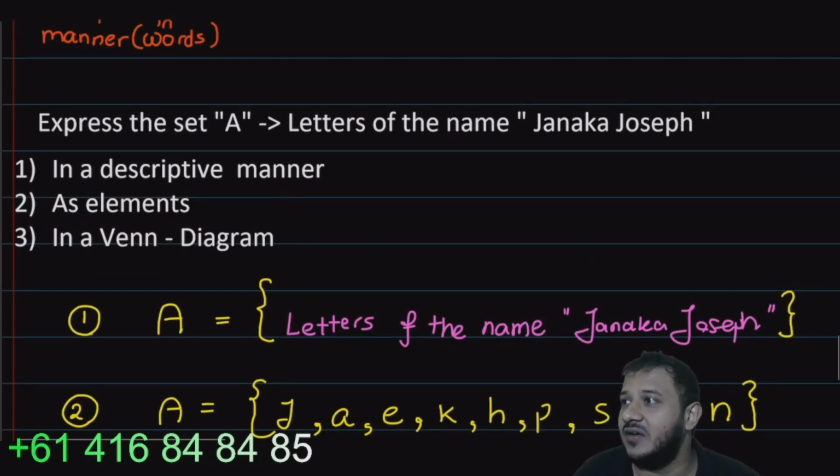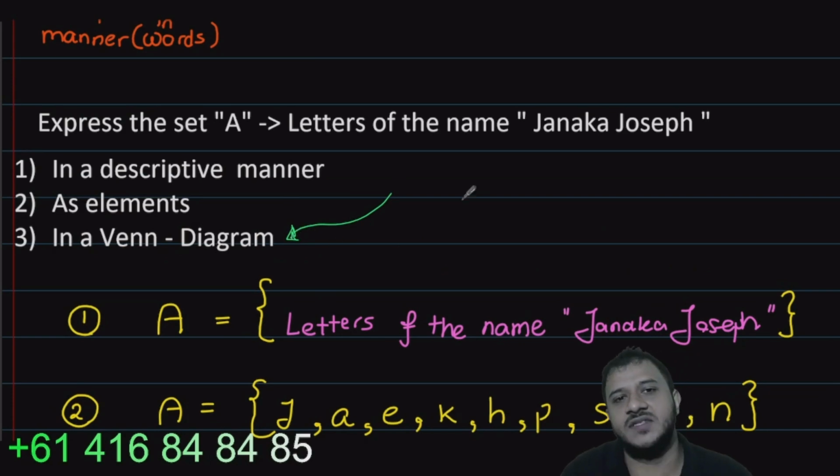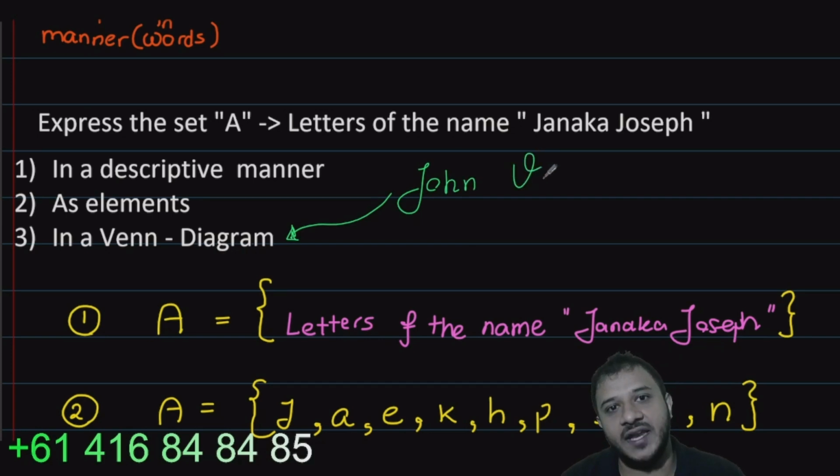Then write it as a Venn diagram. What is this Venn diagram? This Venn diagram thing is something which helps us not in grade 7, but when we go to grade 11, it helps us a lot to understand very difficult worded questions in a much easier manner. This Venn diagram came from a person called John Venn.